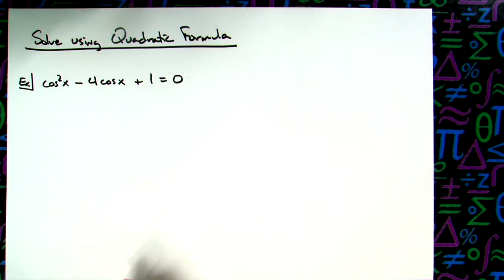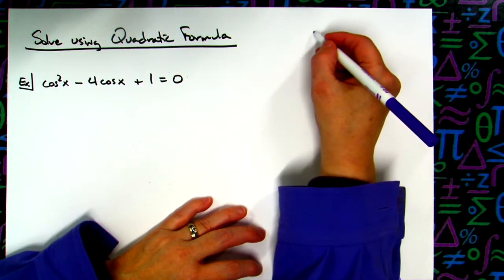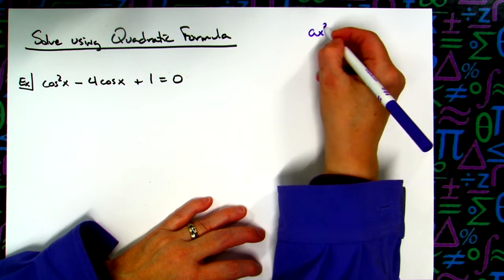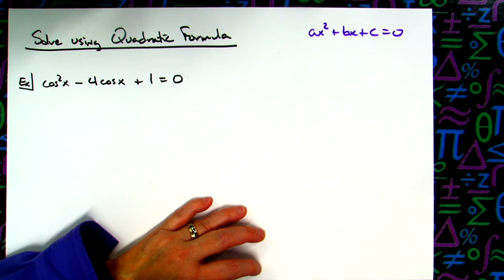All right, now before we get into this, let's go back and think about why and how we use quadratic formulas in Algebra 2. Okay, so ax squared plus bx plus c was a quadratic equation. We even did this at the beginning of the year. And if you can't factor it, you have to use the quadratic formula to solve it, right?